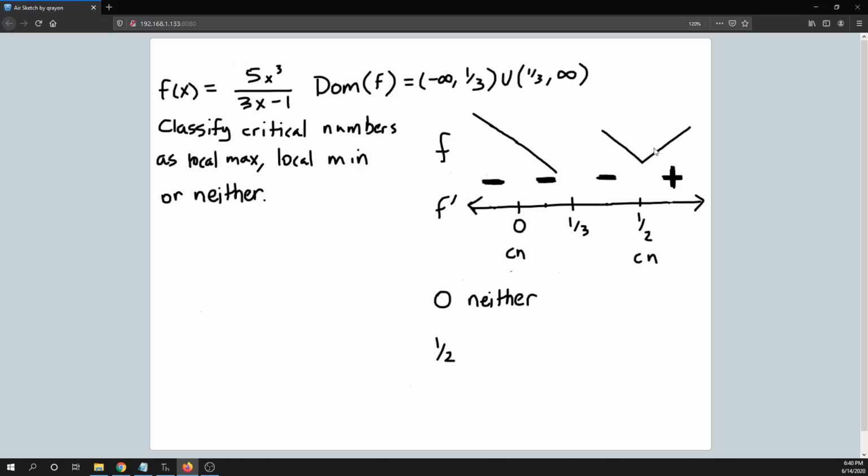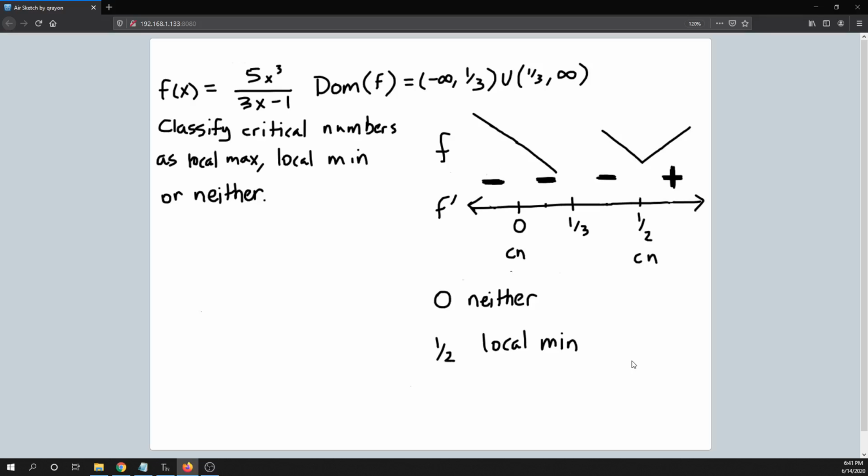So you can see that we'll have a local low point, a local min, at the value of 1/2. If I zoom in on the graph close enough and only look at that little piece, that point will be the lowest point on the graph that we can see. And that's it on this one.